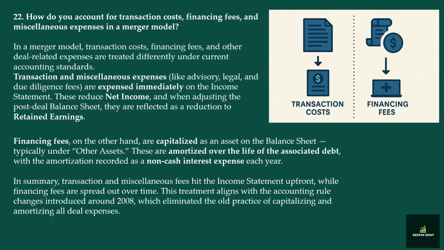The difference between expensing and capitalizing is that expensing means the cost is shown immediately on the income statement, and it will reduce your profits right now. But capitalizing means that the cost is treated as an asset, and you spread the cost over several years.